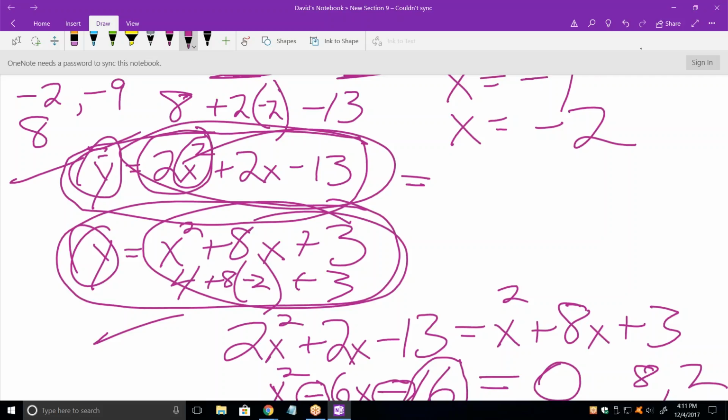What is all of that? -9. So that solution works perfectly. Now let's go back and plug in 8, our second solution, into the first equation. Let's figure out a y value.